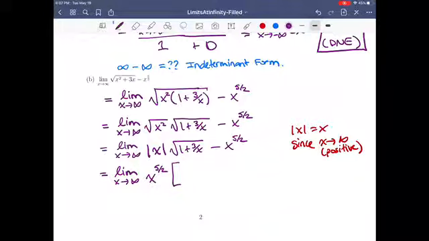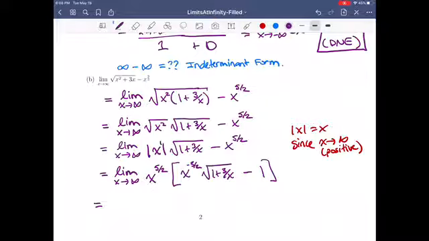Up here, the absolute value of x is like x to the 1, so I'm taking out 5/2, which means that I have -3/2 left over, times the square root of 1 plus 3 over x, and now it's minus 1 on that side.